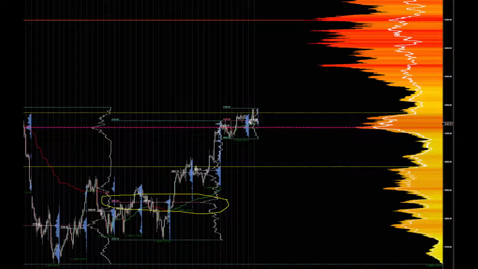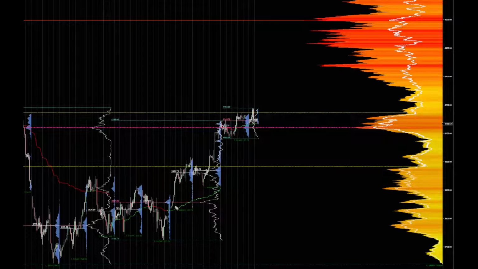You can't really see it that great, but take this week: the most traded price was 39.58 or 39.68. So I can see the most traded price of each week and each month, and that tells us a lot, because anytime there's a lot of volume traded at a price, if we're going to go down, that's probably where we're going to come and visit. That's how the market works.